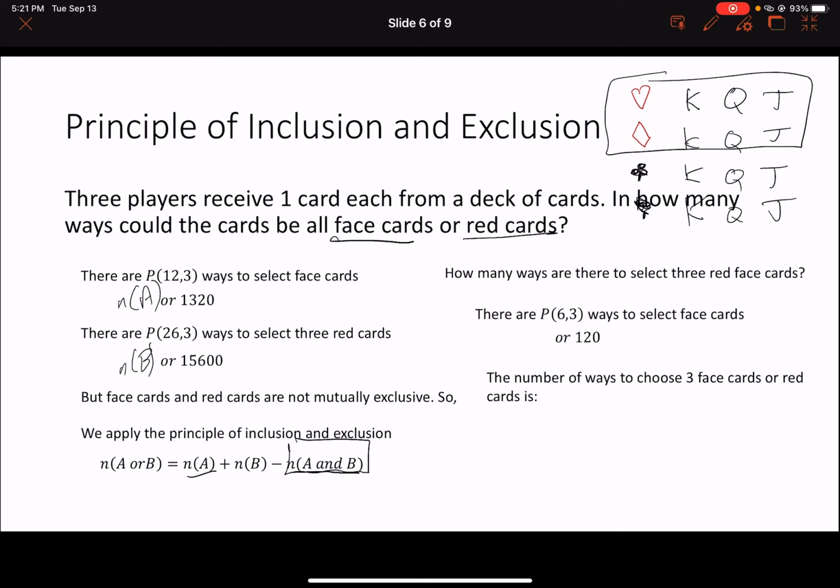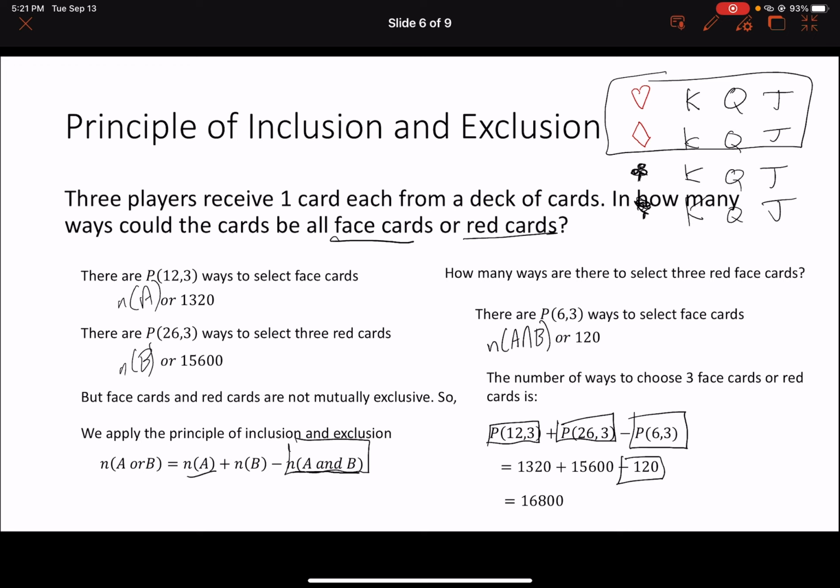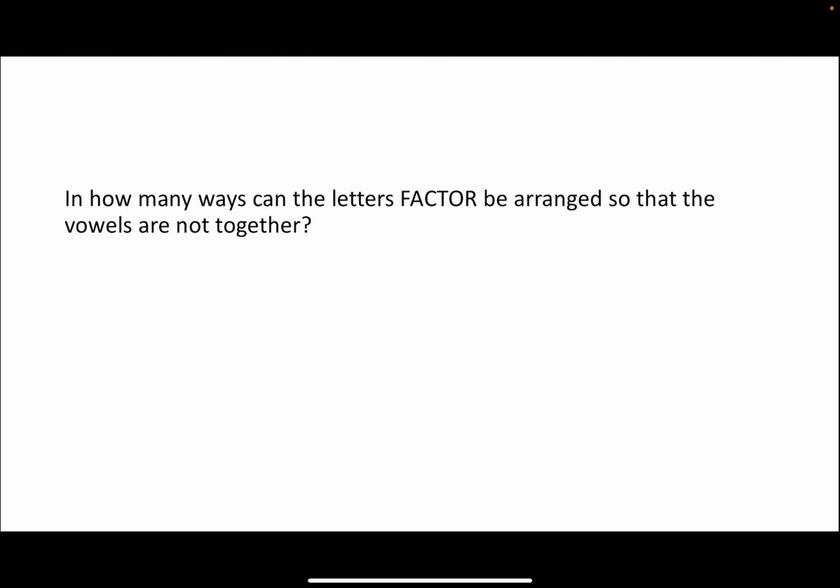So the number of ways to choose 3 face cards, by the way, this would be n of A and B. So it would be 12 choose 3 plus 26 choose 3 minus 6 choose 3, which is 16,800 ways to choose 3 cards and have them be all face cards or red cards, right? And remember, we did this minus 120 because we double counted it. We counted it here and we counted it there.